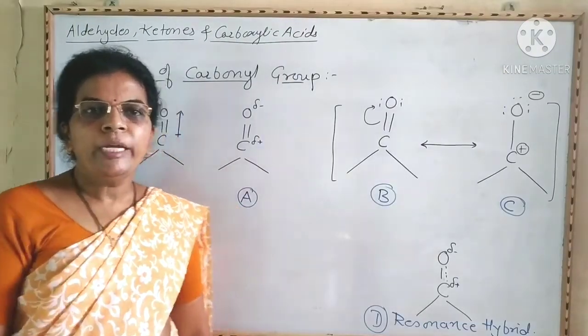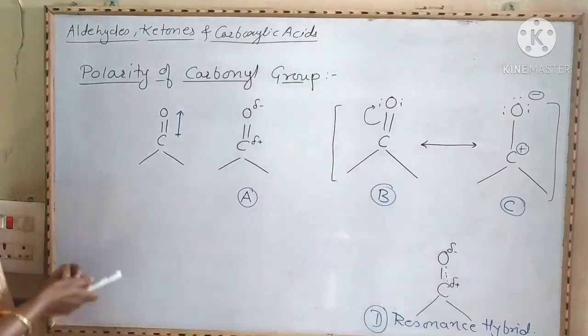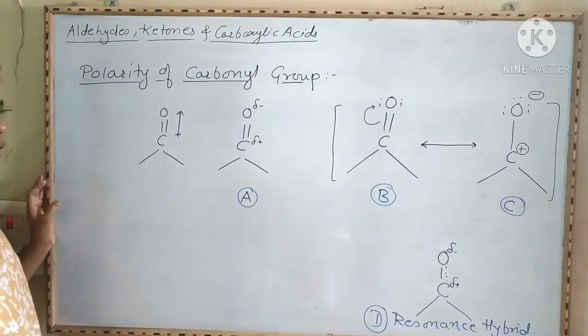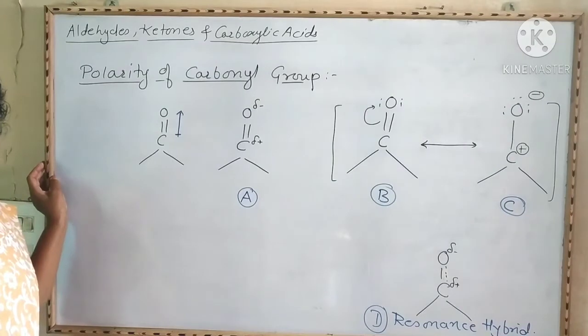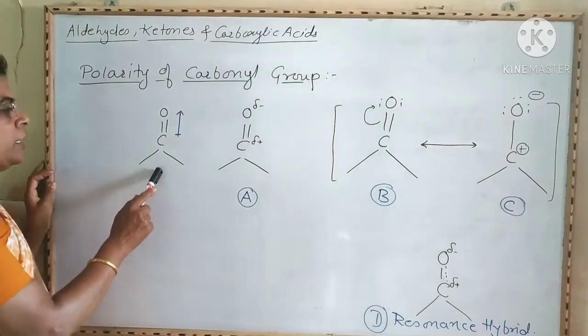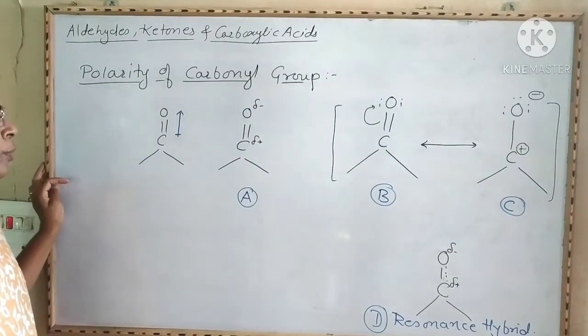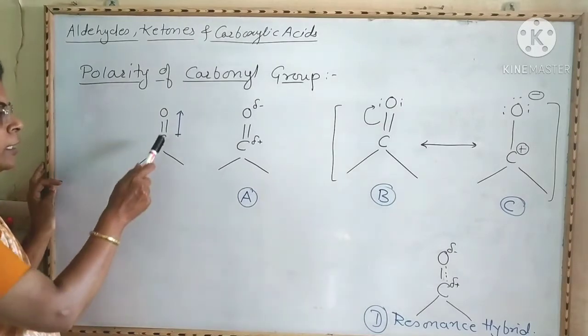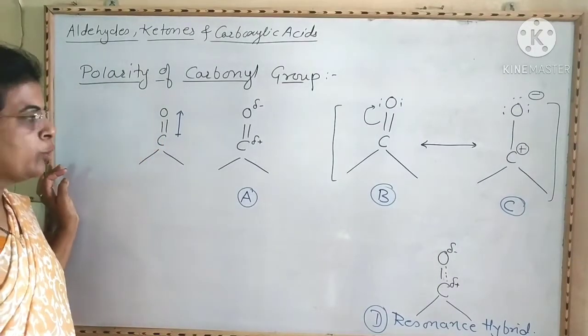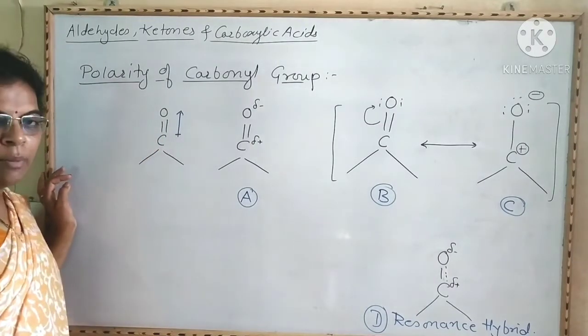Next point, polarity of the carbonyl group. Now here in these aldehydes, ketones and carboxylic acids, there is a carbonyl group. We know that the oxygen atom is more electronegative than the carbon atom.